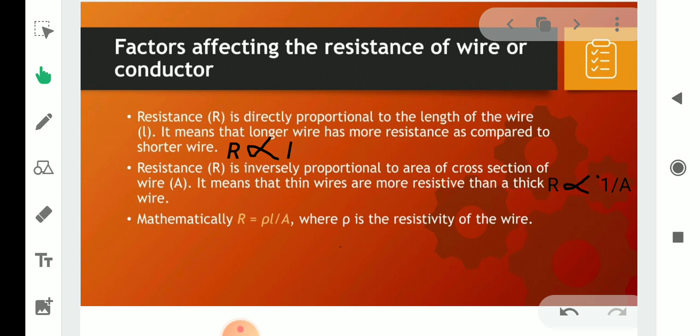Next, let us study on what factors the resistance of a conductor depends. The first is the length of the wire. Resistance of a conductor depends on the length of the wire. If we take an example, I'll consider a copper wire.